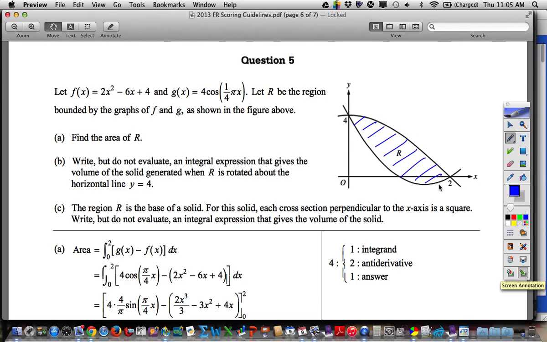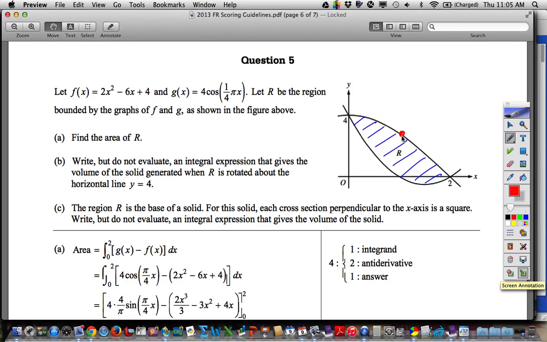Coming up off of the page are going to be some shape. For this solid, each cross-section, meaning slice, perpendicular to the x-axis, what's that mean? Vertical. Perpendicular to the x-axis means vertical. Each slice is a square. So let me do that in red.